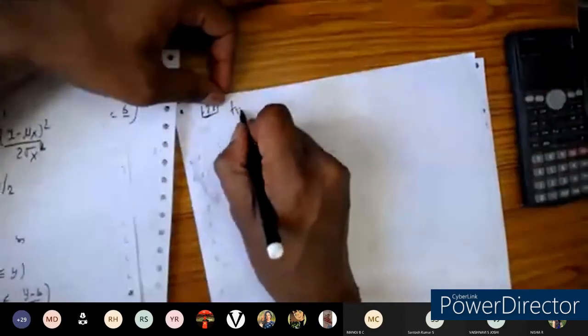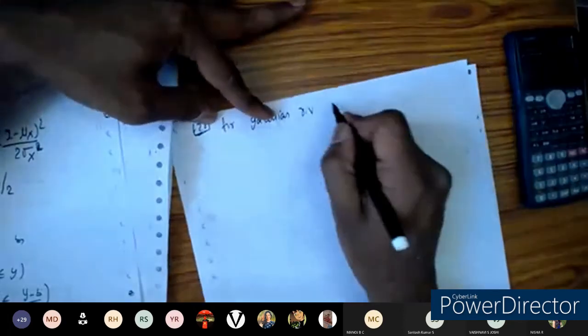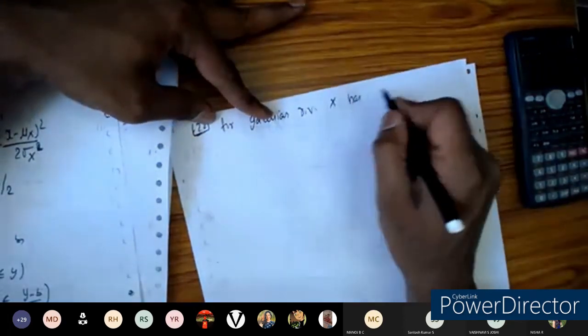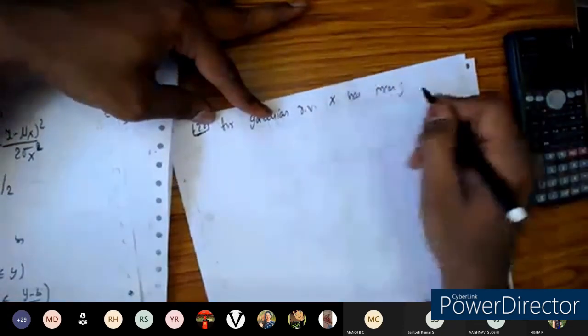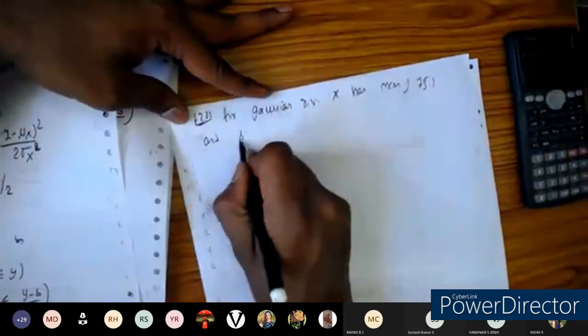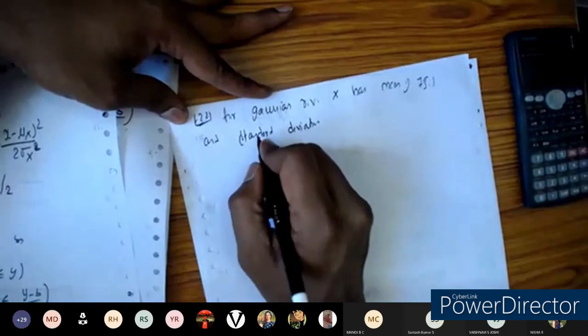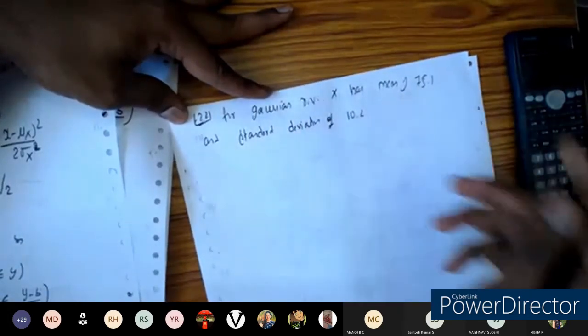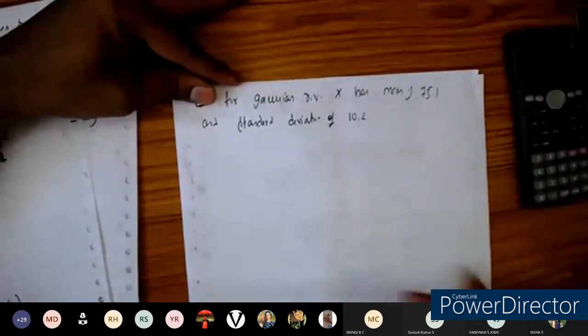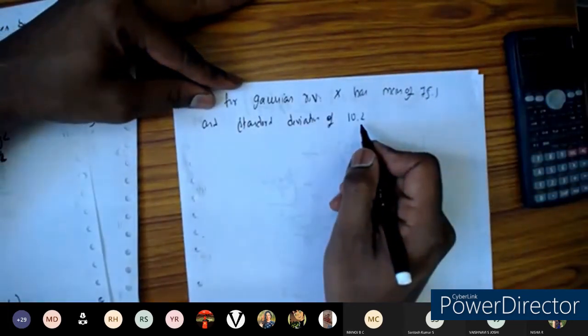For a Gaussian random variable X, X has mean of 75.1 and standard deviation of 10.2.